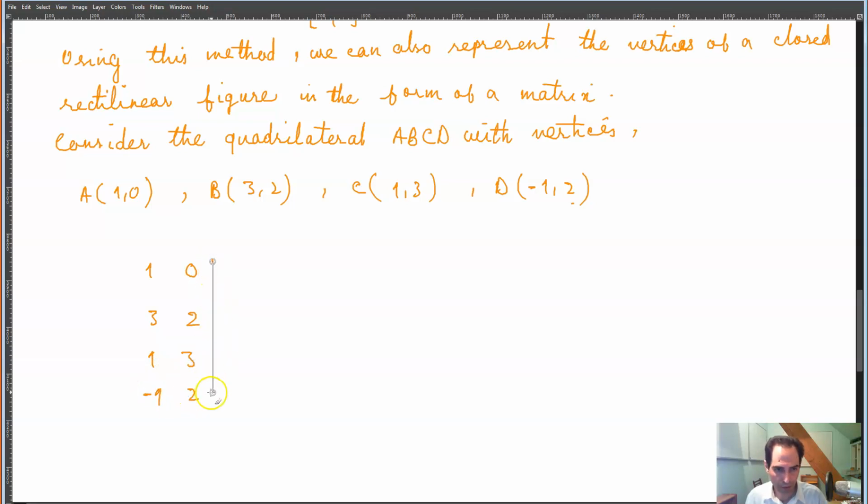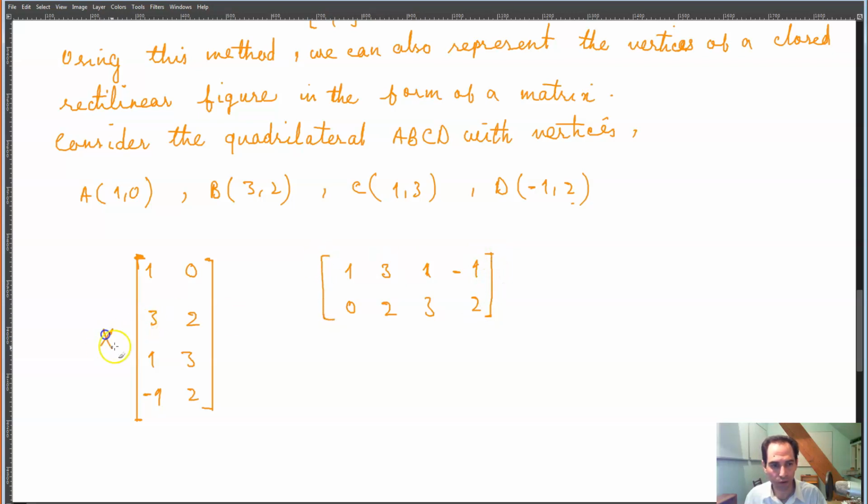I can write it this way, or of course I can write it this way as well, meaning that I can write 1, 3, 1, -1, and then I can write 0, 2, 3, and 2, and write it this way, right?